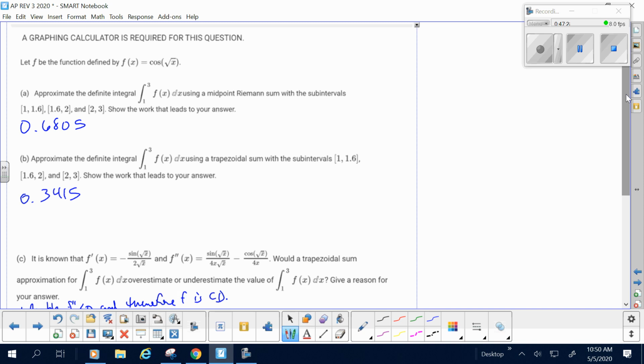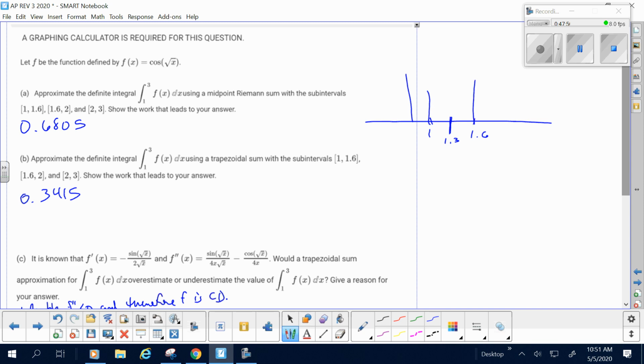All right. For those of you who need to make corrections on A, let's talk about this. They're saying midpoint rectangles. So I'm starting with a region between 1 and 1.6, and the midpoint is halfway between, so that's 1.3.